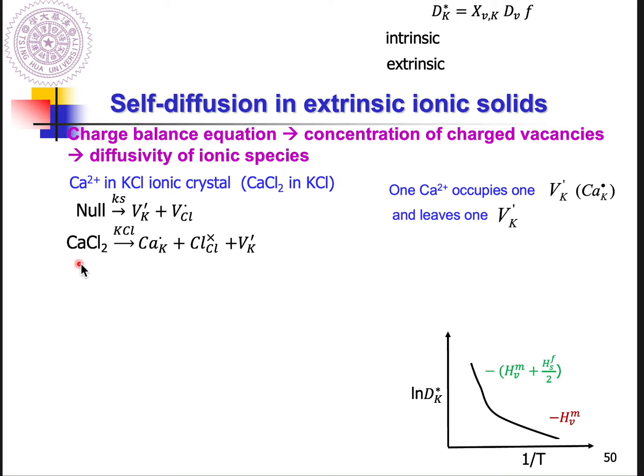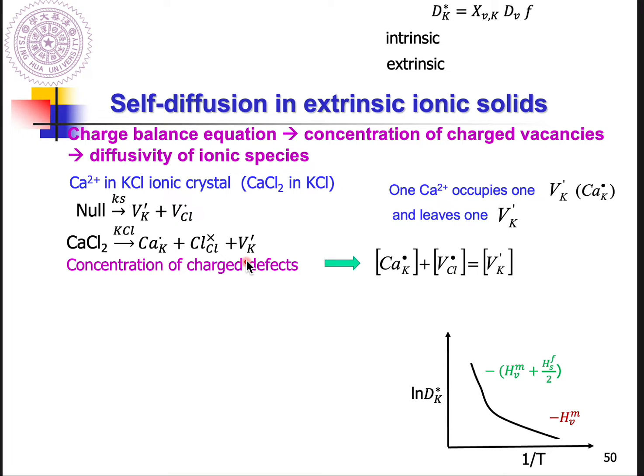This is why we got this equation. And don't forget, as long as I increase the doping amount of calcium chloride, we will get more vacancies at the potassium site.